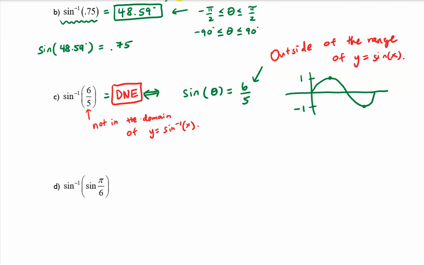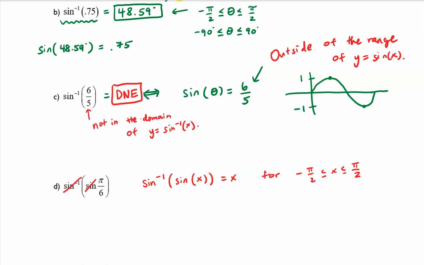Okay, so let's go through part D. We want to take sine inverse of sine of pi over 6. And remember from the cancellation policy earlier, we said that sine inverse of sine of x is equal to x for x values that are between negative pi over 2 and positive pi over 2.